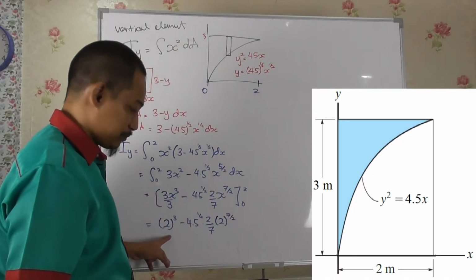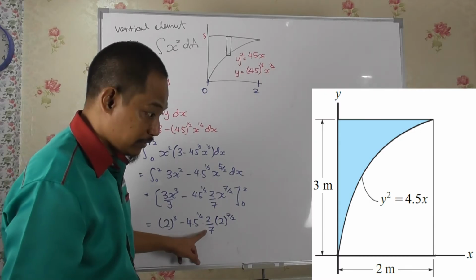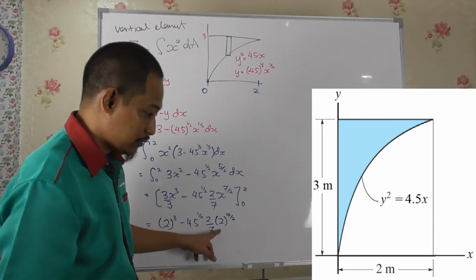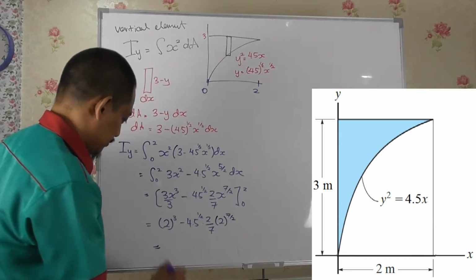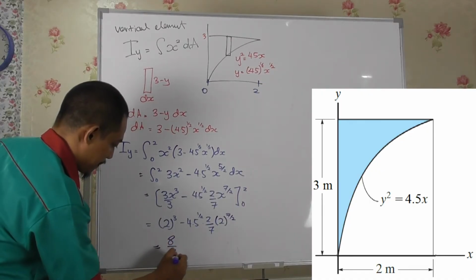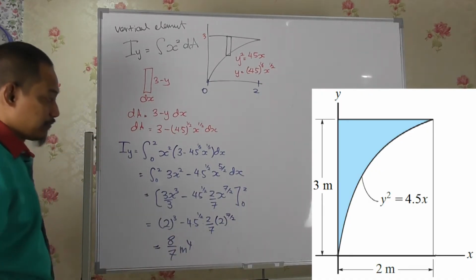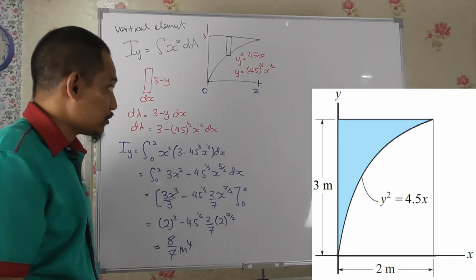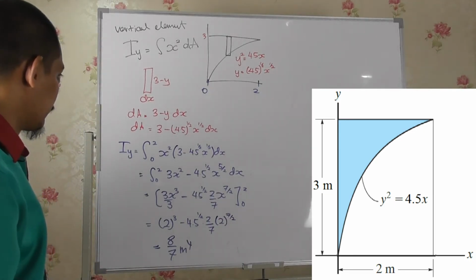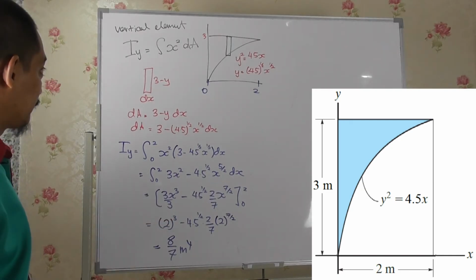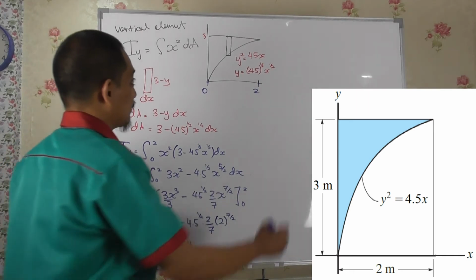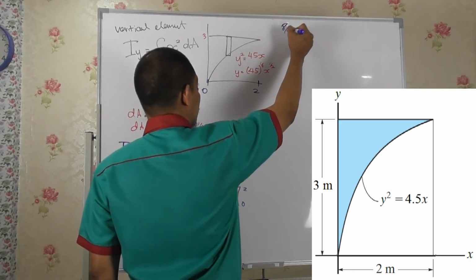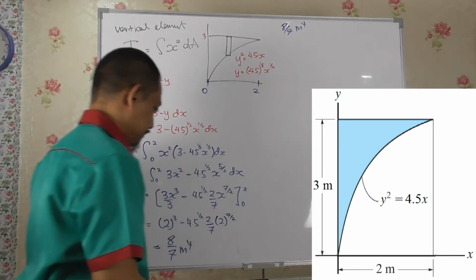So from here, you will get 8 over 7 meter to the power of 4. Alright, so let's store that, because we have to do another part C where you have to use a different element, right? So we'll store this one first, 8 over 7 meter to the power of 4.